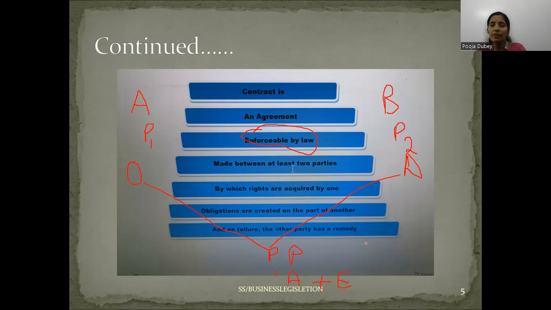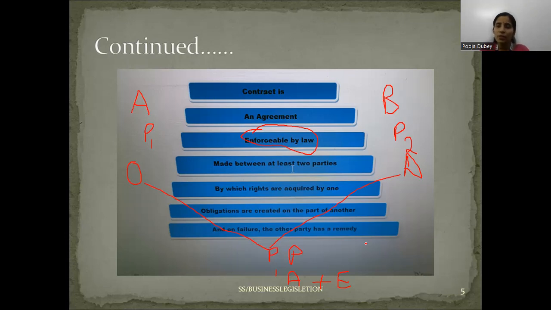The other party has a remedy means there are two sorts of parties. One which made an offer, another which made her acceptance. If you have gone to a marketplace, or if you have gone to a restaurant, you have eaten the food, consumed the food you have ordered, then this is an obligation before you that you pay the price. So contract means what?